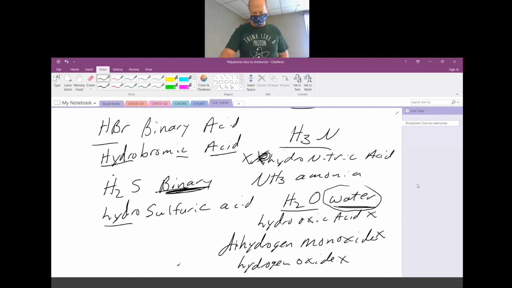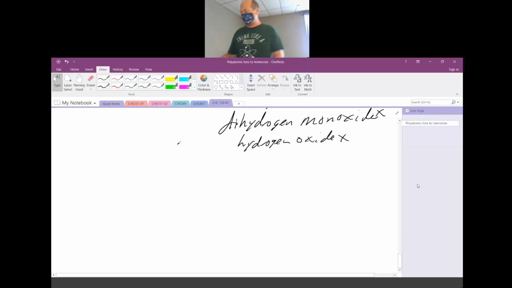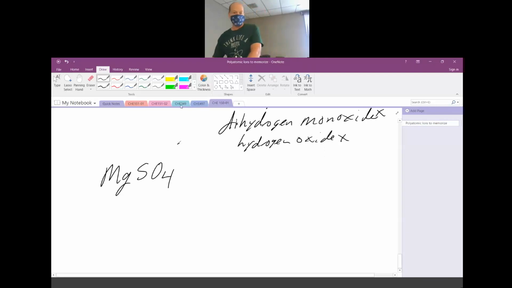So there are a lot of flashcards that you're going to need to make. So let's name a couple of things here. If I wanted to name MgSO4, it's simply name. There's going to be a lot of this on the test to name various compounds.